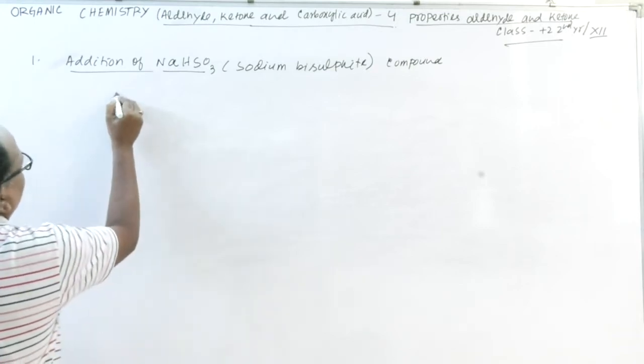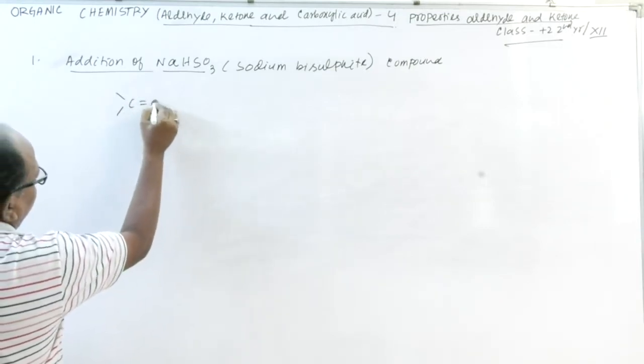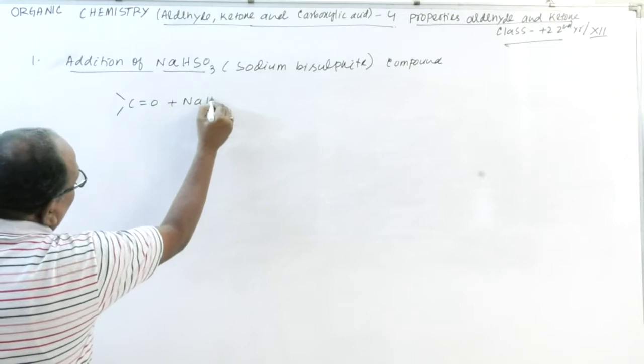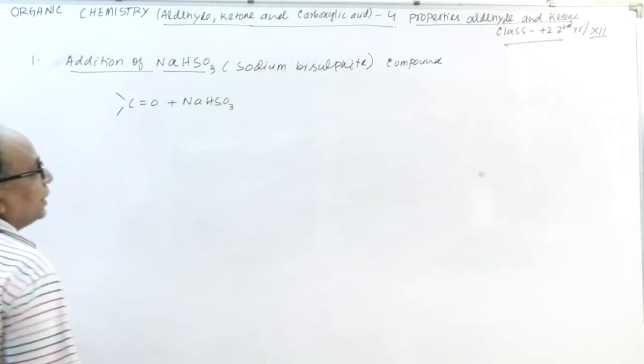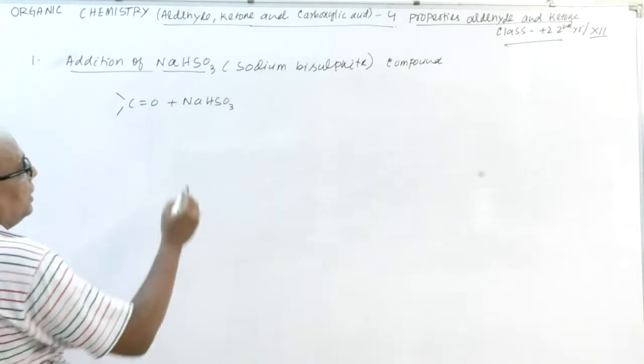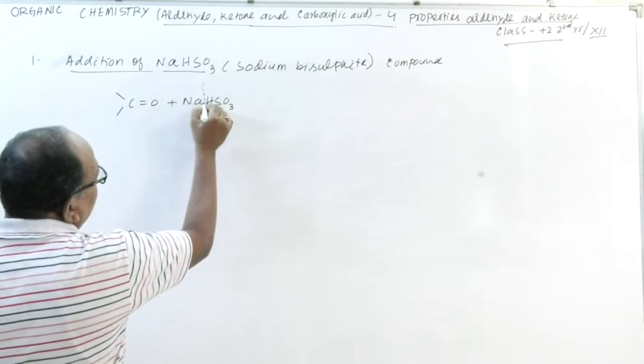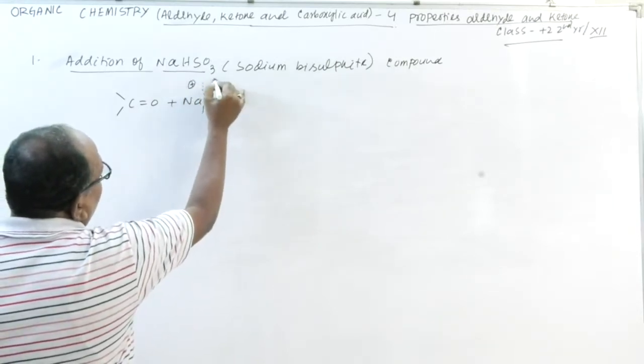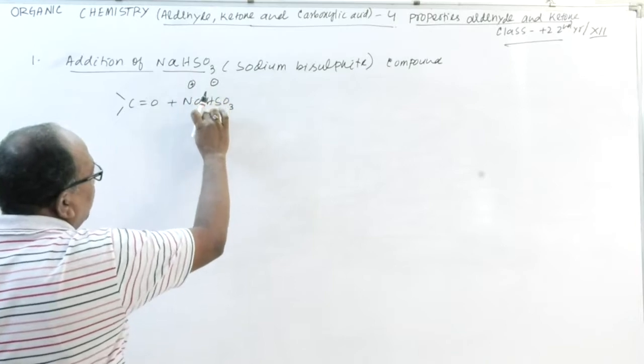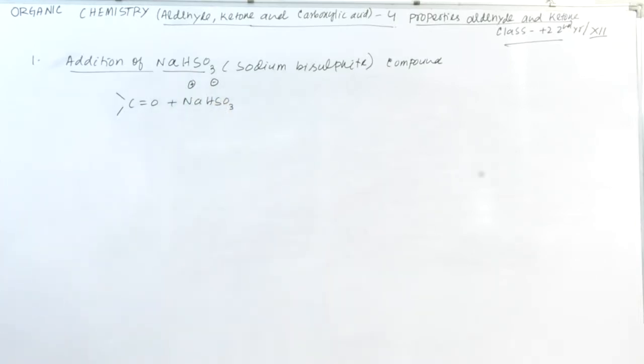This is your carbonyl group, this is your sodium bisulfite, where this part is positive and this part is negative: Na plus, HSO3 minus.